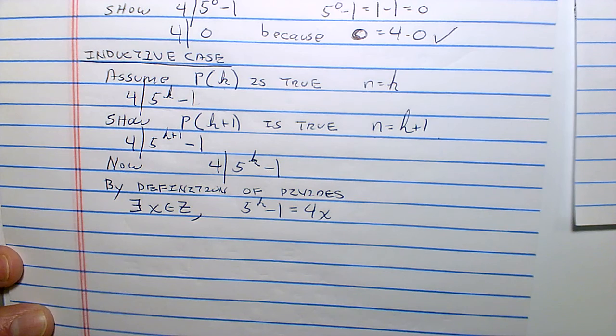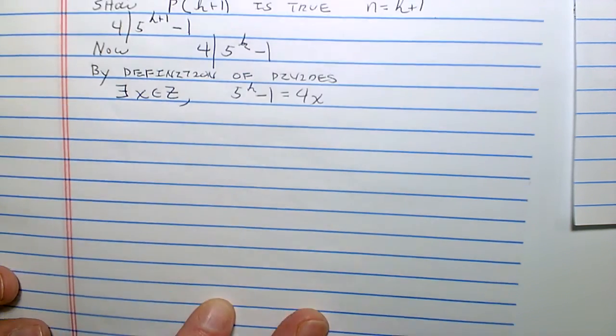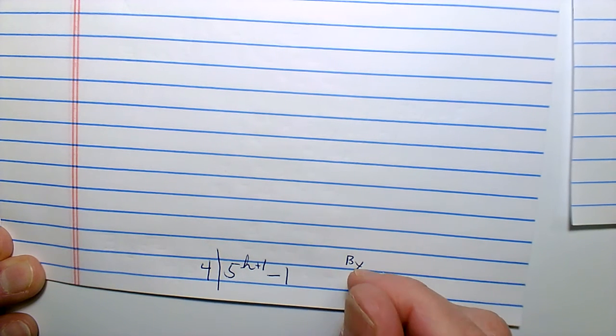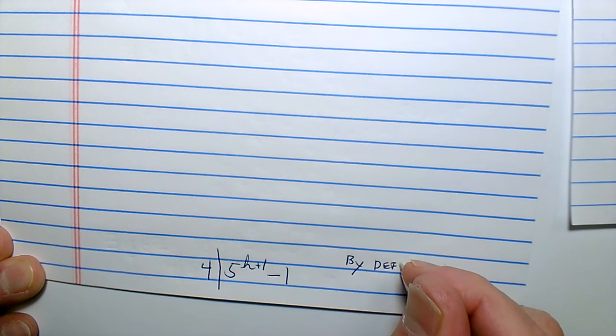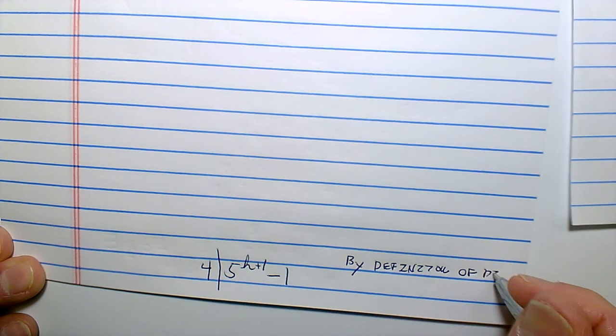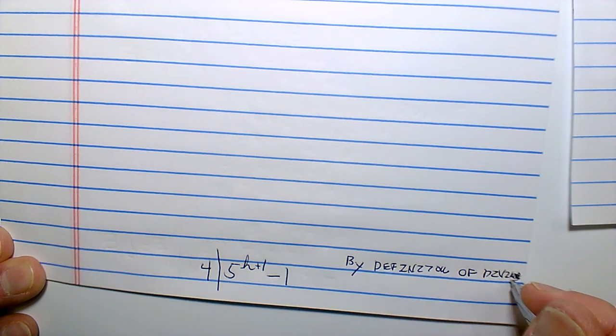Okay, now it's kind of hard to tell where to go from there, but it might help if we think about where we're headed in the long run. We're trying to get to the result that 4 divides 5 to the k plus 1 minus 1. If we use that same definition, let's work backwards and use the definition of divides down here.